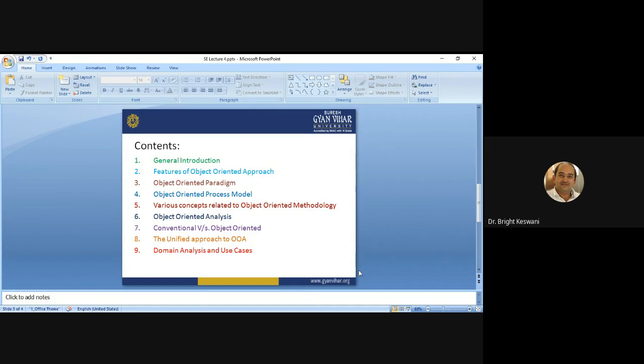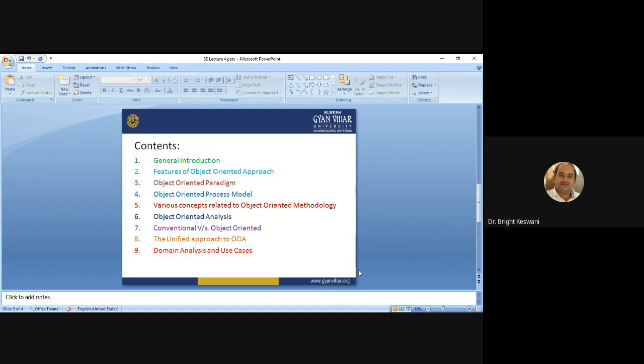It gives you a better understanding of your client's requirements and a perception of the system you intend to generate. At each stage, the elements of the object oriented analysis model are reviewed for clarity, correctness, completeness, and consistency with the customer's requirements.